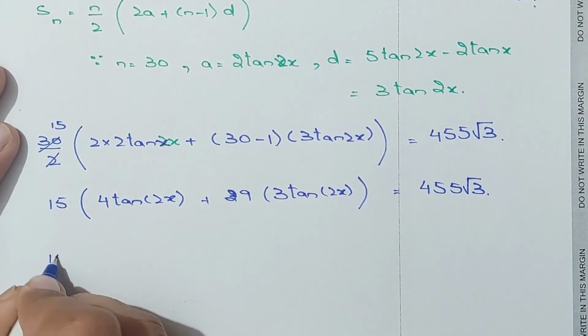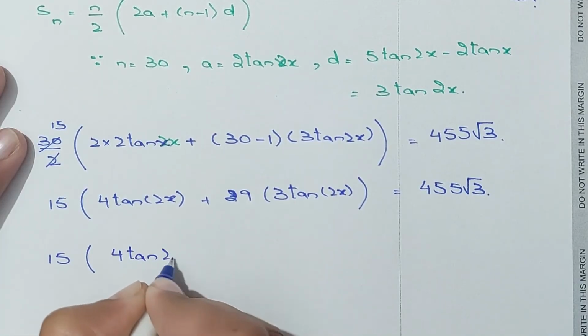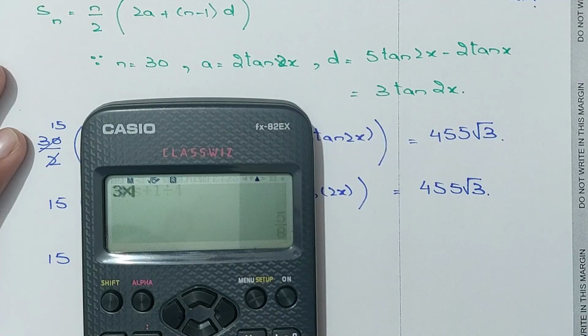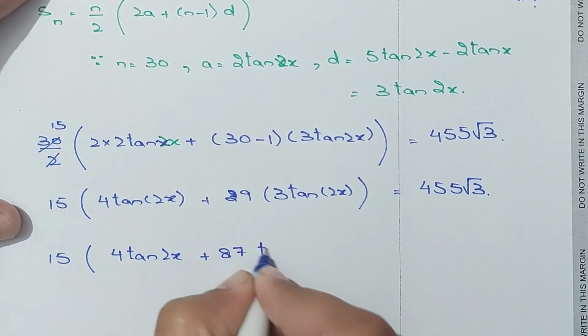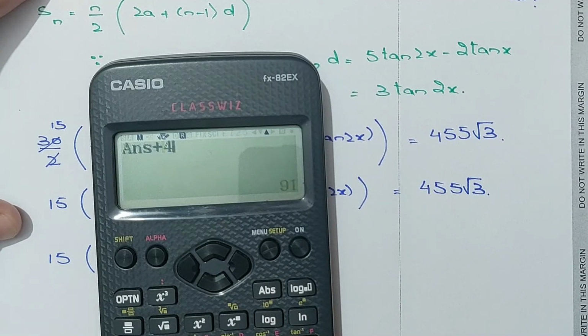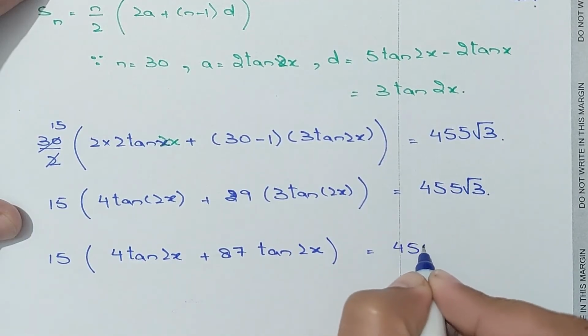Simplify this further. We have 15 into (4 tan 2x plus 3 times 29 tan 2x). 3 times 29 is 87 tan 2x, and 87 added to 4 is 91. This is 455 root 3.